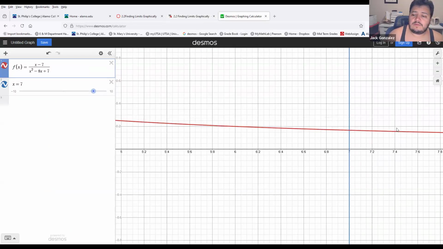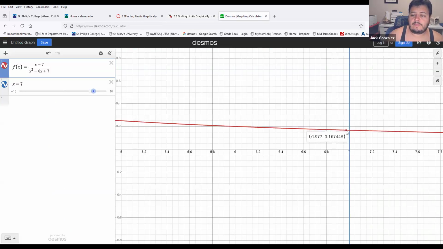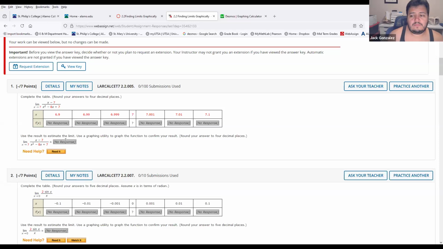From the left, from the right, the limit is going to be something. We said it's going to be about 1.66, right? That's basically all you're going to do here. Plug it in and see what happens. Does that make sense what they're asking here?